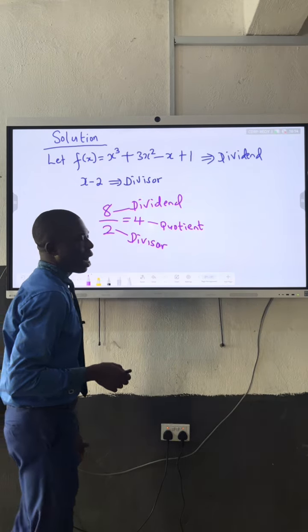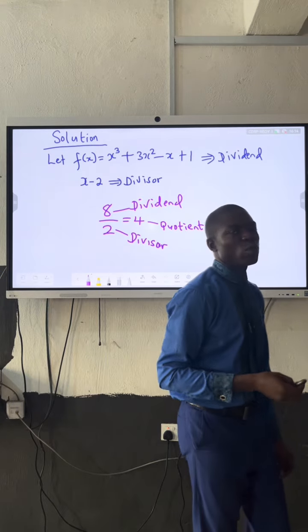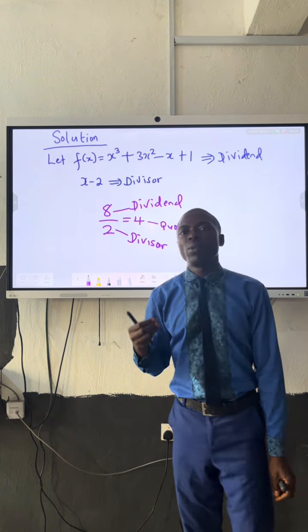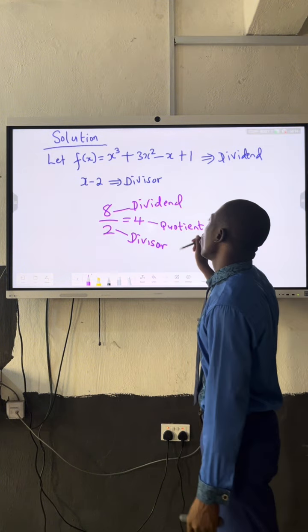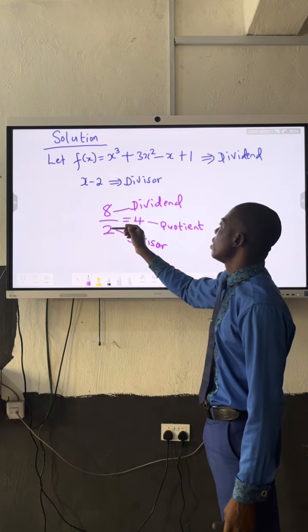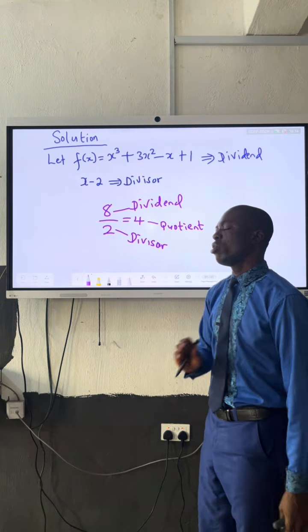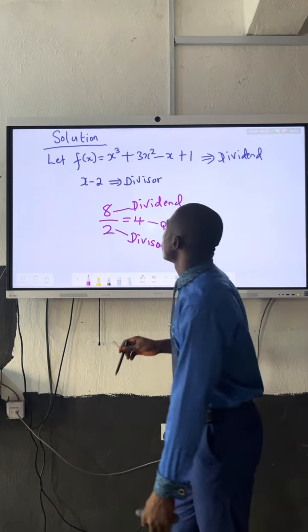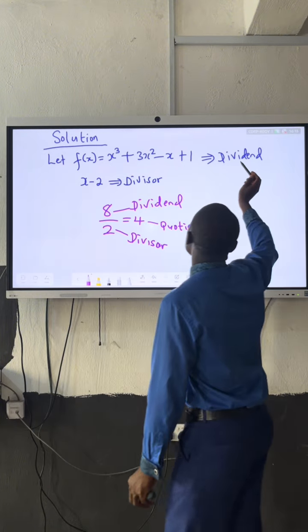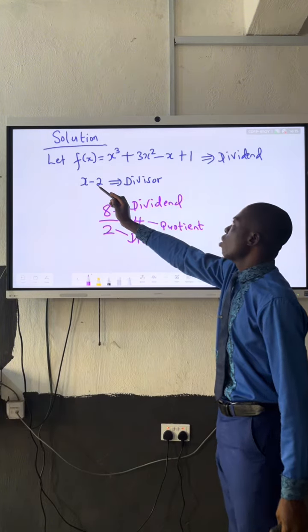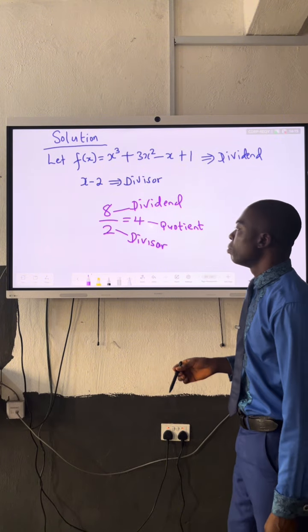The leftover after division has been conducted is what we call the remainder. Here, the remainder will be 0, because 8 divided by 2 is 4, remainder 0. Nothing will remain. So the main function here is called the dividend, and what it is being divided by is called the divisor.